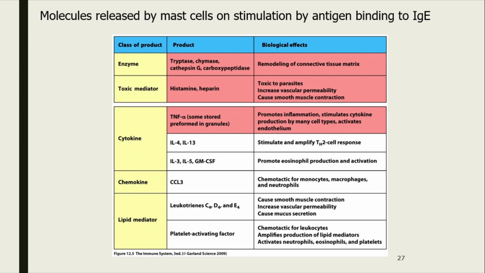It contains tryptase, chymase, a lot of different enzymes, and particularly the toxic mediators here, we have histamine and heparin as well. We didn't talk about heparin very much, but just FYI.